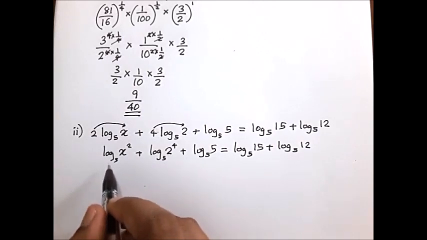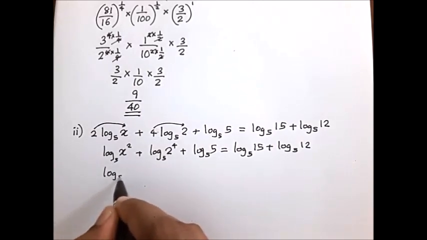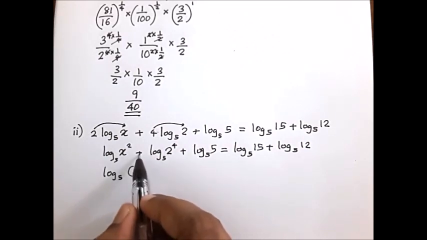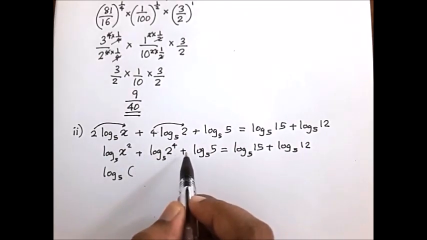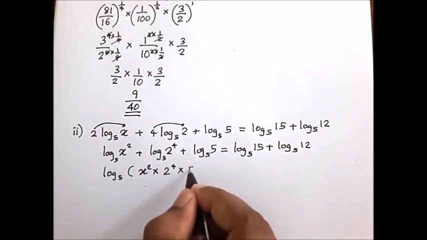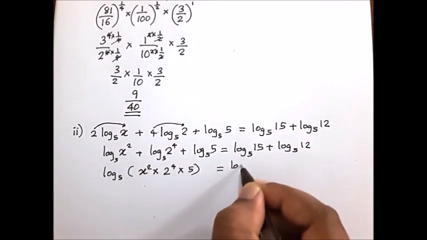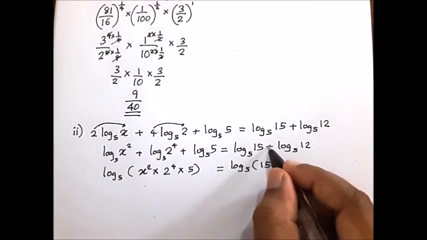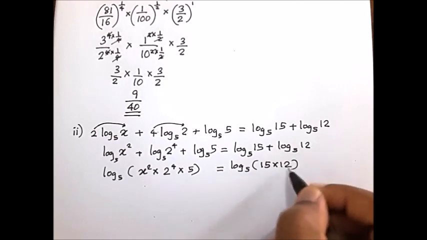Now take logarithm of base 5 out from the bracket. This addition becomes multiplication and this one also becomes multiplication. x to the power 2 multiplied by 2 to the power 4 multiplied by 5. Here take logarithm of 5 out from the bracket. 15. Convert this addition into multiplication.